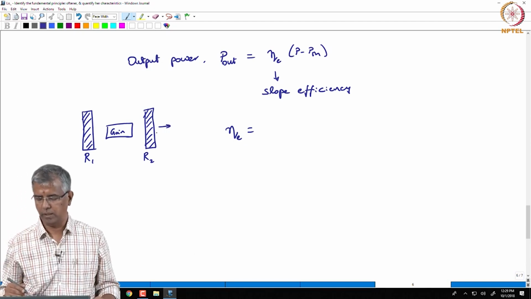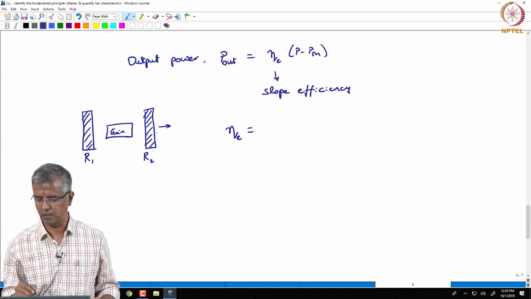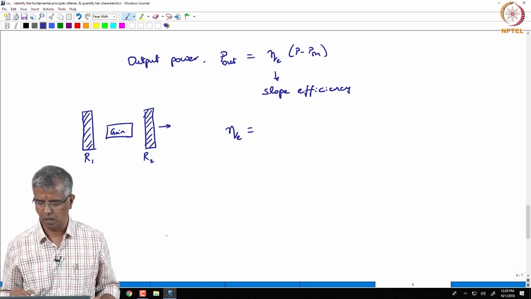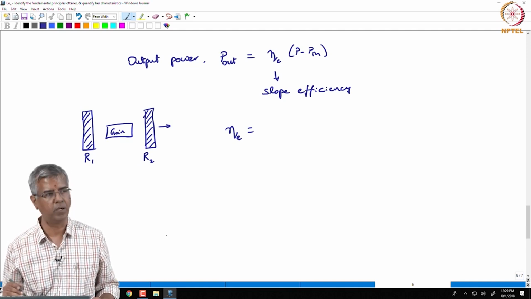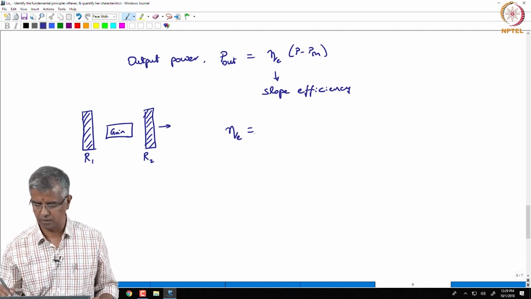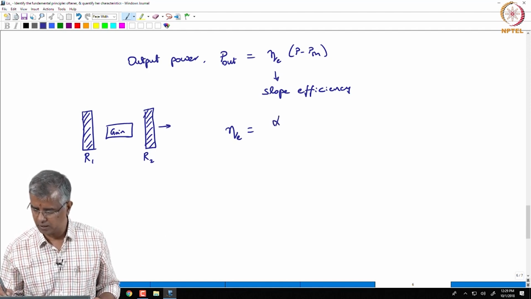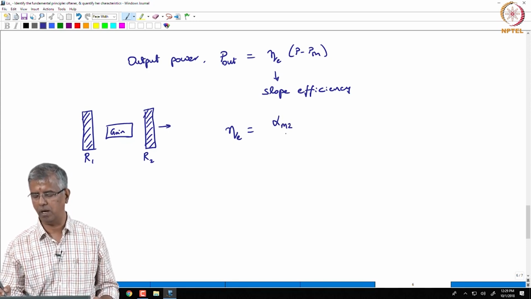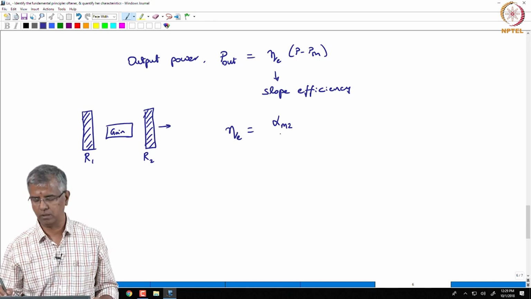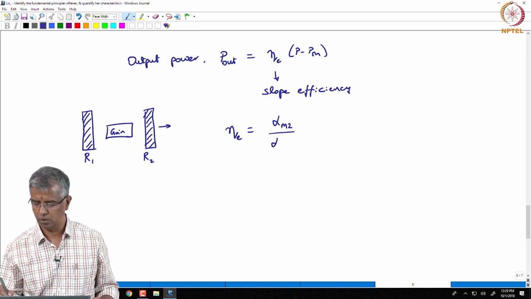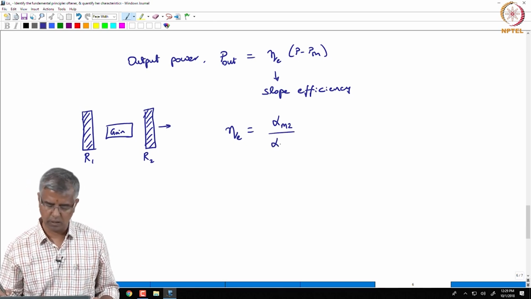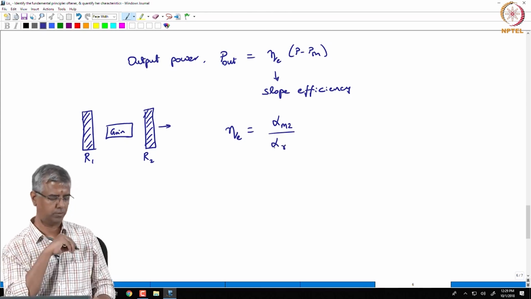As far as the slope efficiency is concerned with respect to the power that we are monitoring coming out of the second reflector, we can say that it corresponds to the fractional loss given by mirror 2 with respect to the overall loss.